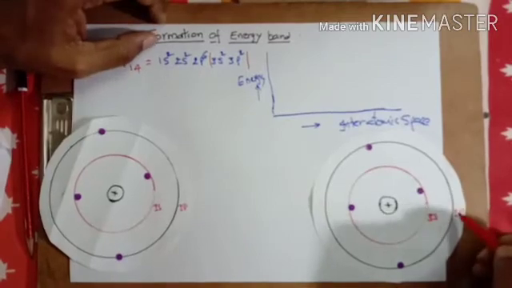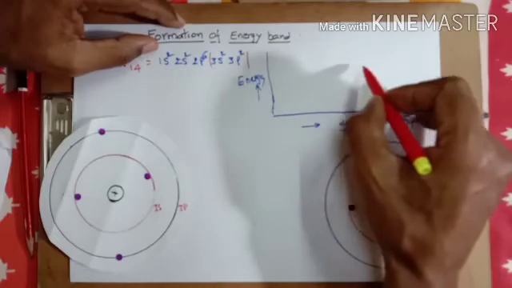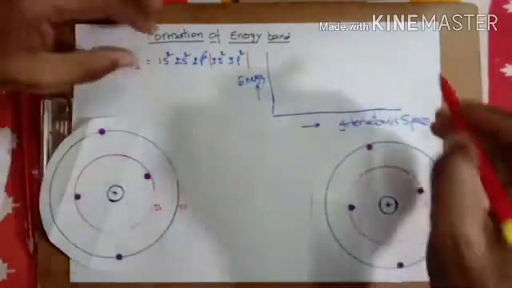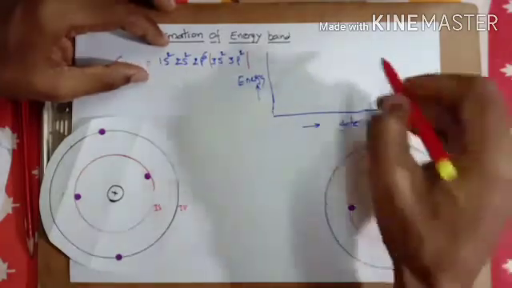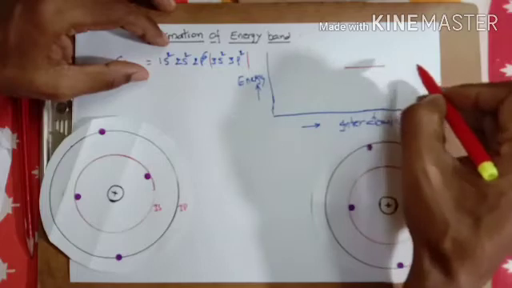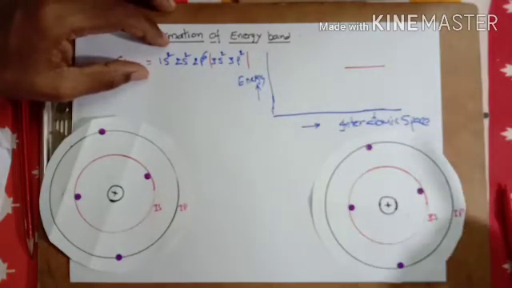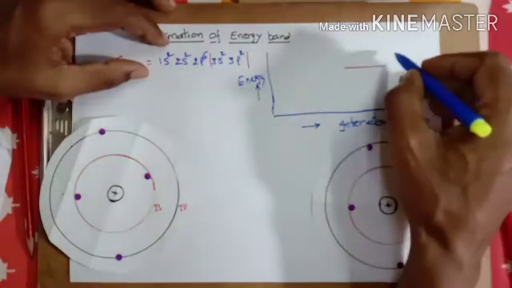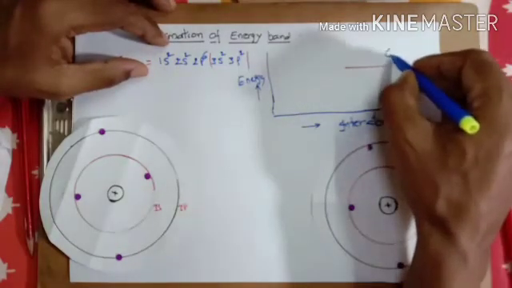In the p orbital, the energy is slightly higher than the s. So I'm just drawing when the interatomic space is very far, you can treat this as an isolated atom, so that won't change. So this is the p energy level, and how many states? 6 energy states there.